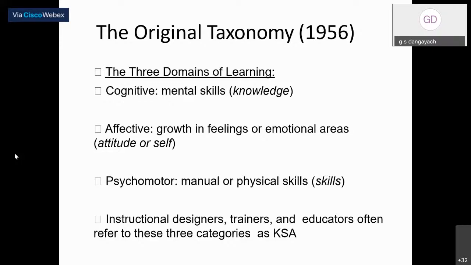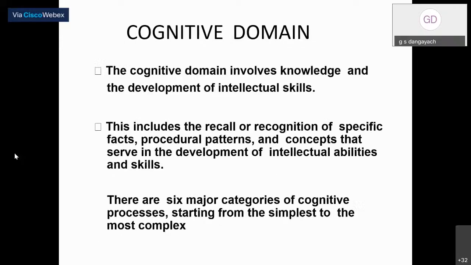Instructional designers, trainers, and educators often refer to these three categories as KSA: knowledge, self, and analysis. Cognitive domain is the lowest domain. The cognitive domain involves knowledge and the development of intellectual skills.